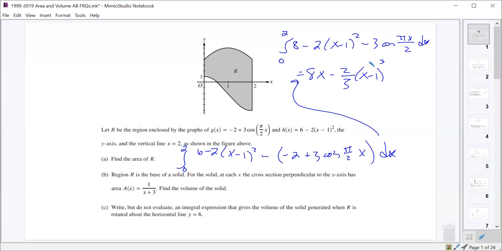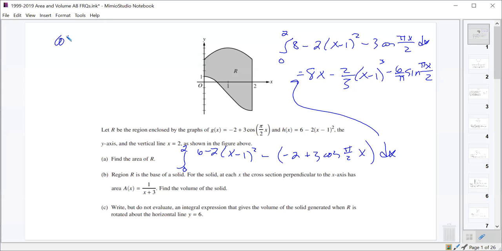Okay. And then what about the last piece? What is the integral of minus 3 cosine(pi x over 2)? Yes, it should be minus 6 over pi sine(pi x over 2).